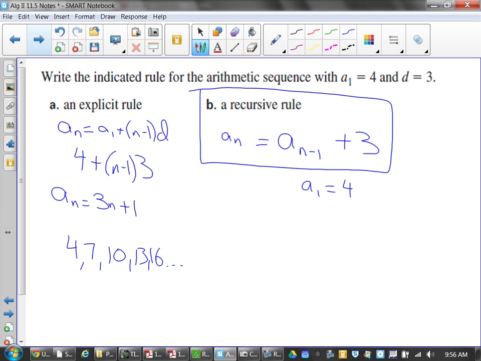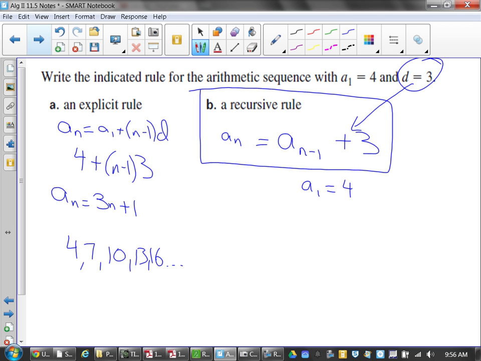Where's that plus 3? What's the difference? It's plus 3. If the difference was a negative 6, what would you write? Minus 6. Is this supposed to be like a sub n minus 1 plus d, or is it always going to be 3? It's always going to be plus d.